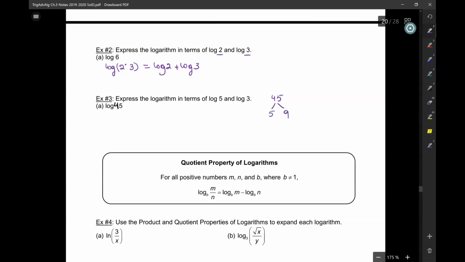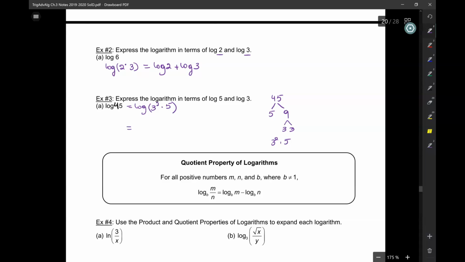5 times 9. Now I want to break it up into 5s and 3s. So let's go a little bit more. 3 and 3. So finally 45 is 3 squared times 5, right? Yes. So this is going to be log 3 squared times 5.